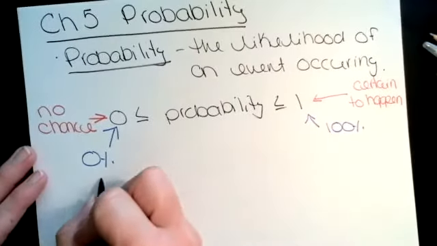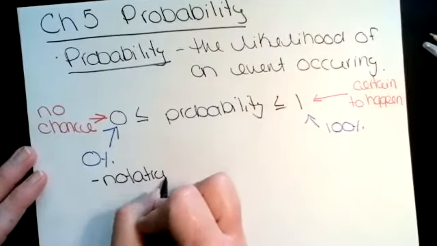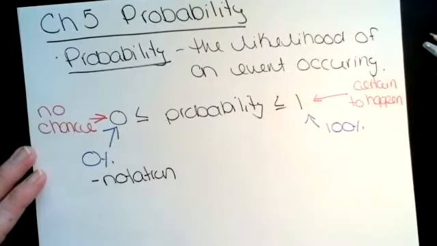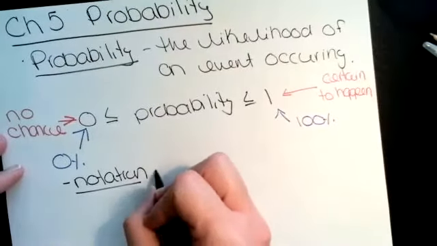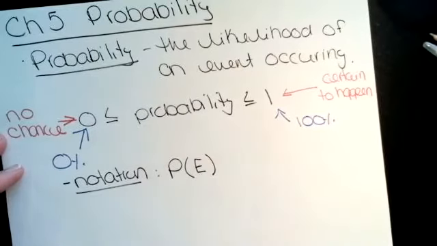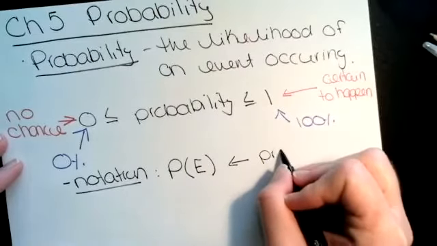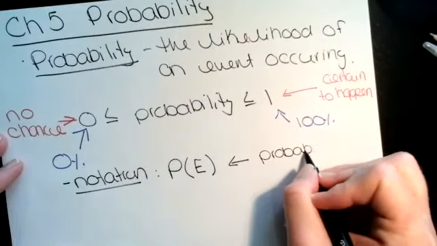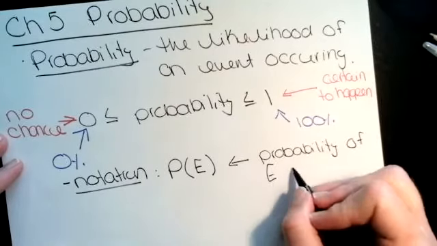We have some notation that we need to discuss before we move forward with any examples. So for some notation, if we have the probability of event E, this just means the probability of E occurring.